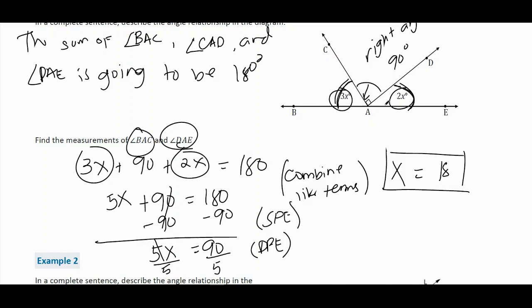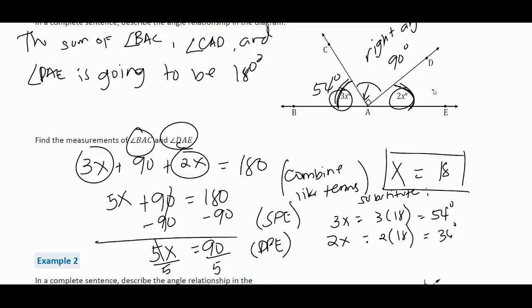What should we do? Of course, we need to substitute. So that will be 3x. Therefore, that is 3 times 18, wherein that is 54 degrees. We got 2x is equal to 2 times 18 is equal to 36 degrees. There you have it. If you're going to add all of this, you're going to see it's going to be 180 degrees.